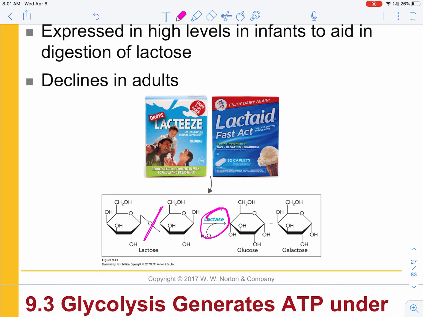There are a couple of populations that spontaneously evolved the persistence of lactase in adulthood. I think there's a Maasai population in Kenya and then something from the Baltics or something like that. But for most of us, unless we have that enzyme in adulthood, we lose the ability to break the glycosidic bond in lactose.